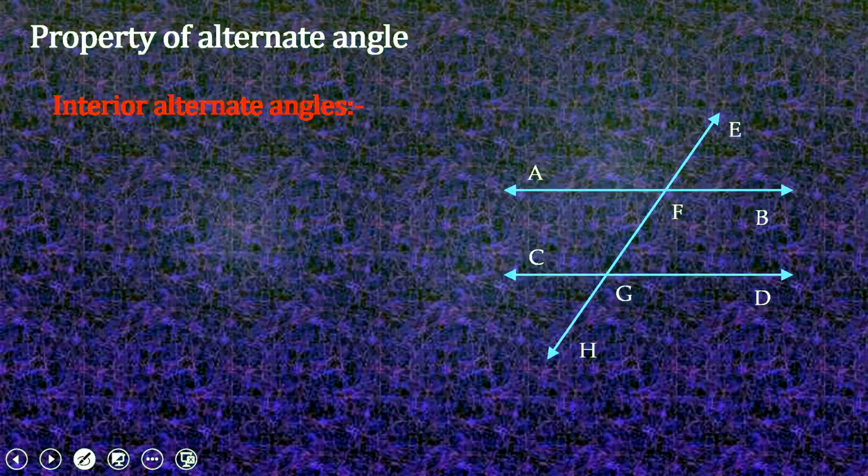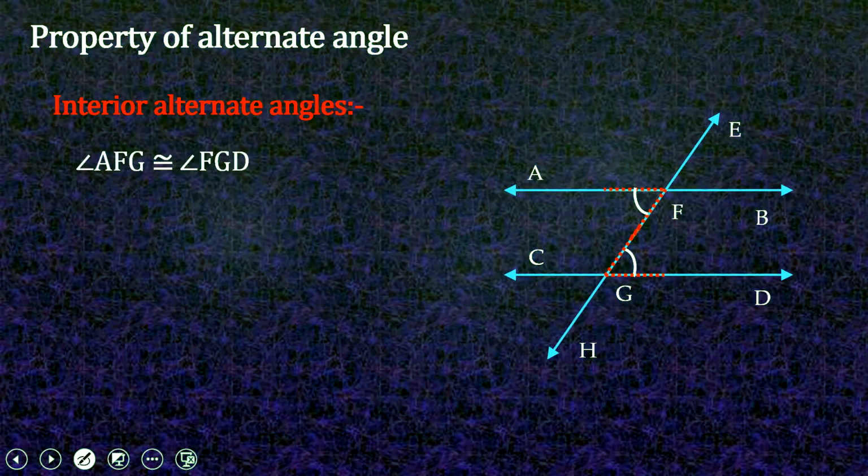Next, we will move to property of alternate angles. Children, property of alternate angles: each pair of alternate angles formed by two parallel lines and their transversal is of congruent angles. They are also of two types, interior alternate angles, that is angle AFG and angle FGD. Both are congruent.